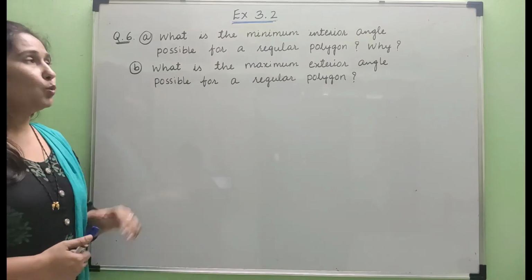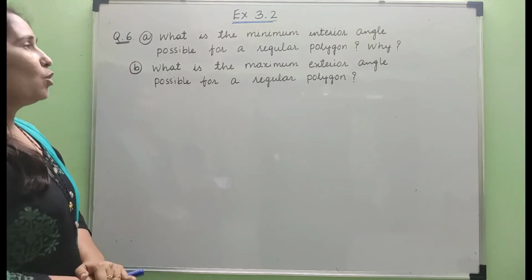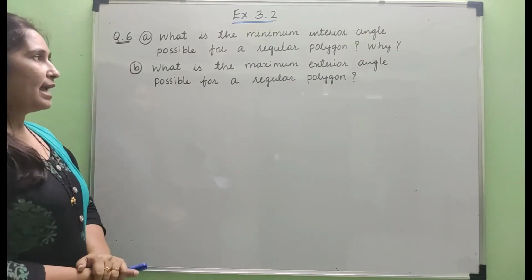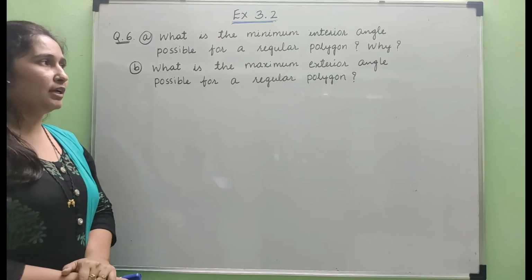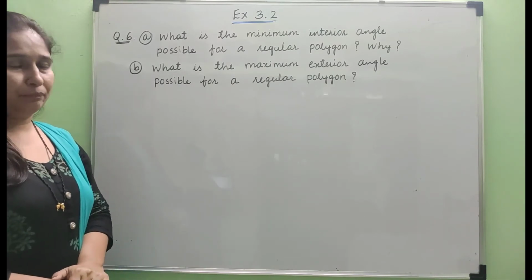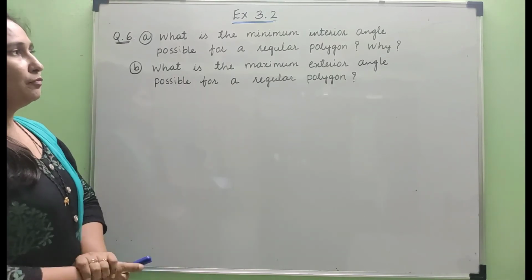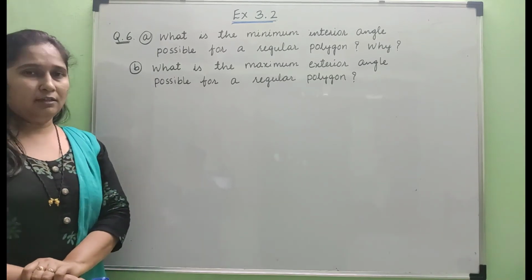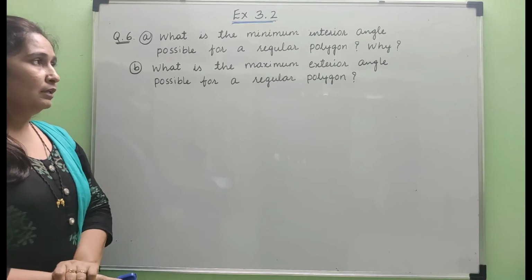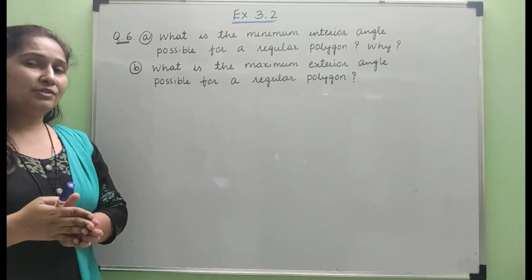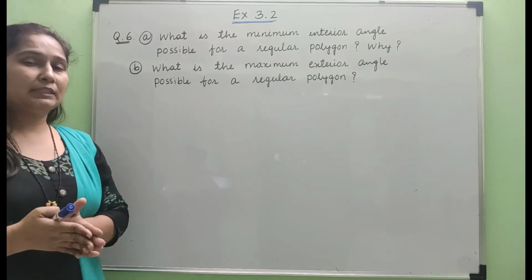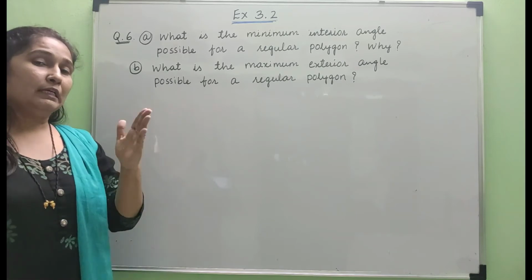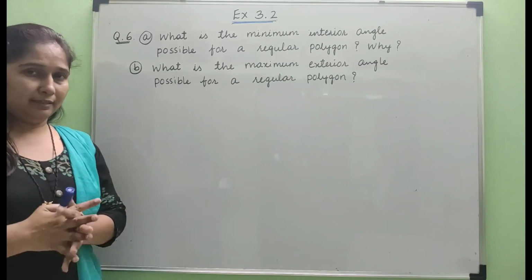Exercise 3.2, question 6 to 8. What is the minimum interior angle possible for a regular polygon and why? They are asking to find the measure of the minimum interior angle for a polygon. When the number of sides is minimum, you will get the minimum interior angle.